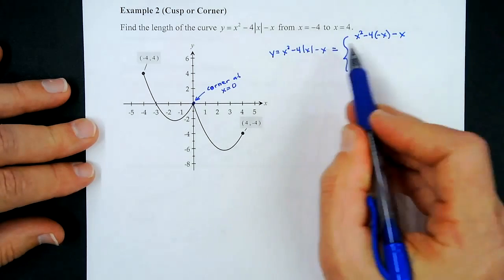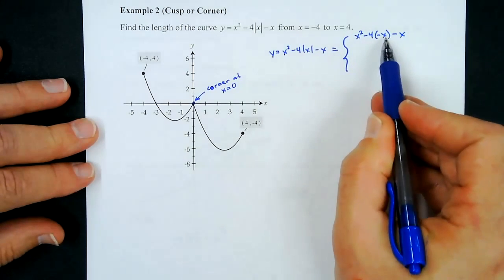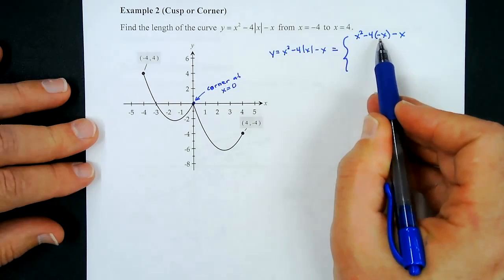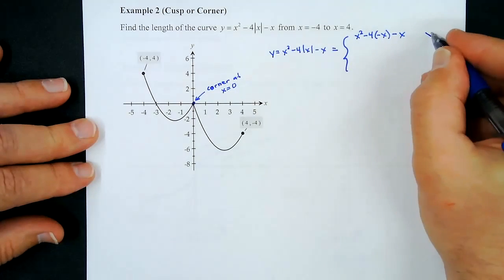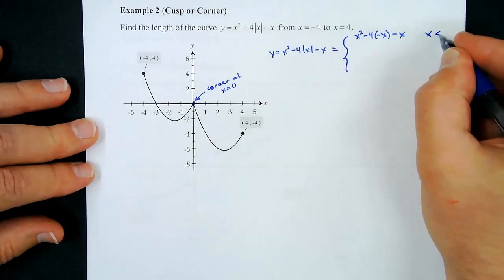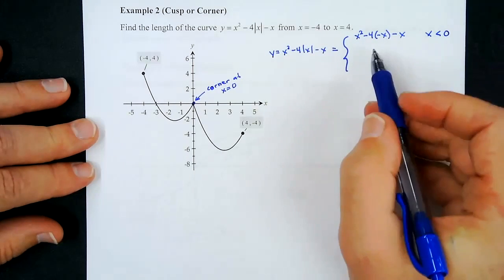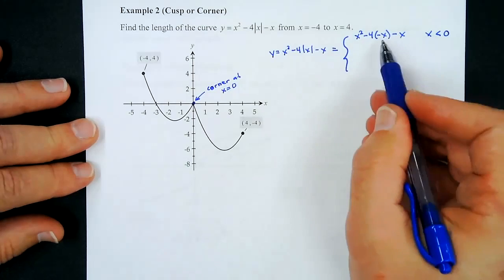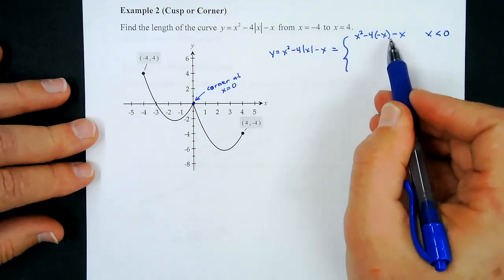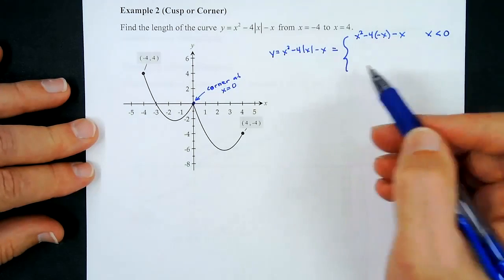So we take whatever the x is and multiply by a negative. And when do we want to do that to make this positive? We want to do this when x is less than 0. So we want to multiply the x by a negative when the x is negative, right? Because when we multiply a negative value times this negative, it's going to become positive.